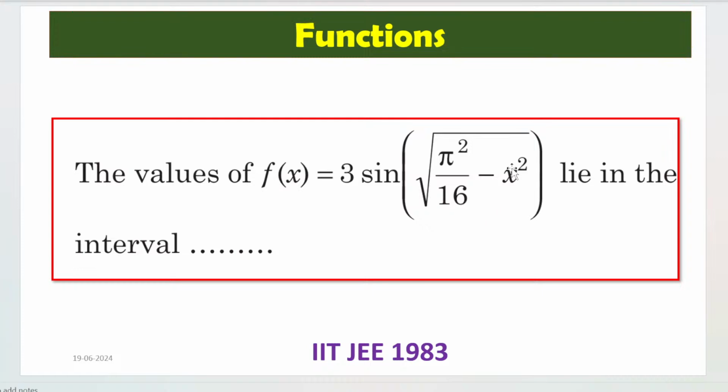So you cannot make it more than pi square by 16. How is pi by 2 possible? Because pi by 2 is greater than this. If x square is 0, then this will become pi by 4, right? The highest value itself is pi by 4. You cannot make it pi by 2. That's what I'm trying to say. Got it?